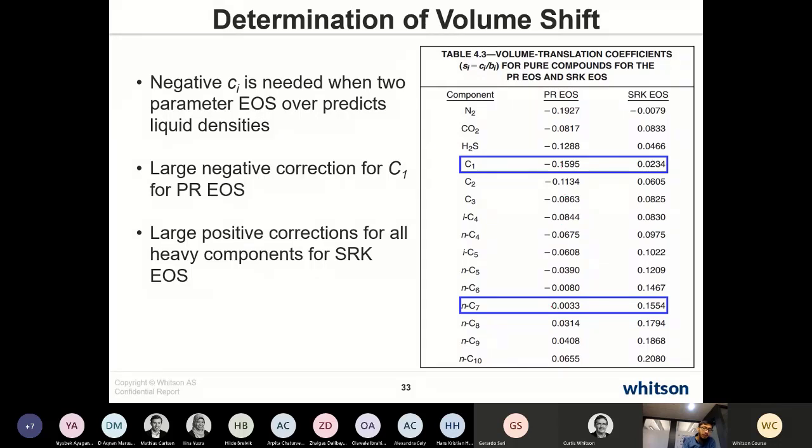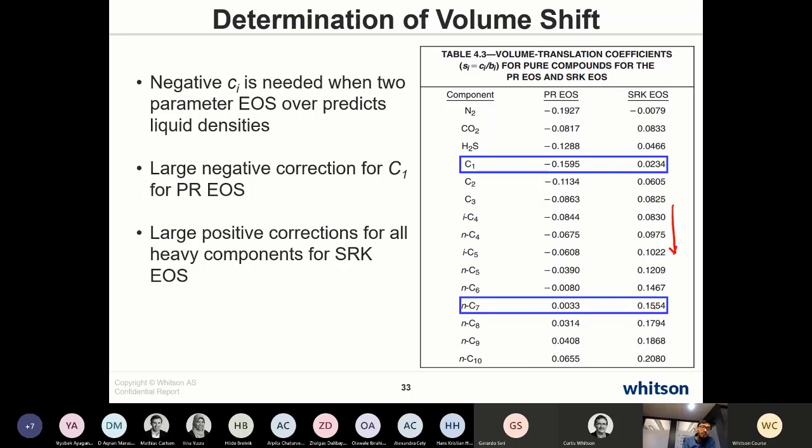But on the other hand, for normal heptane, we have a very small overall correction. And if we compare it with the SRK, you see that methane has a very small correction compared to normal heptane, and it is increasing as we go towards heavier and heavier fractions.